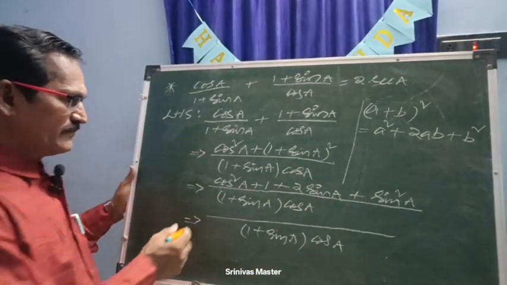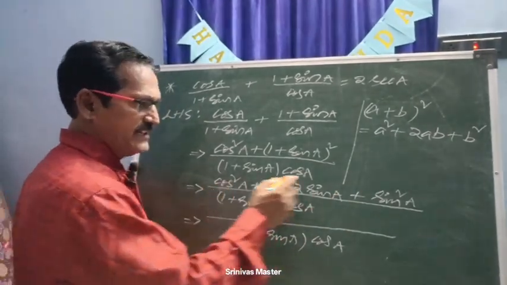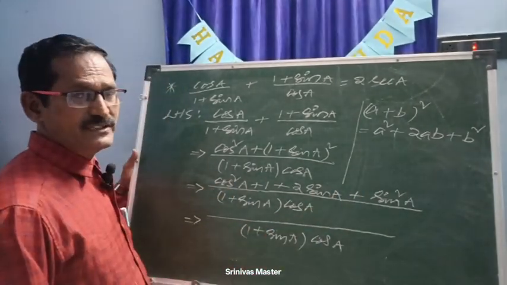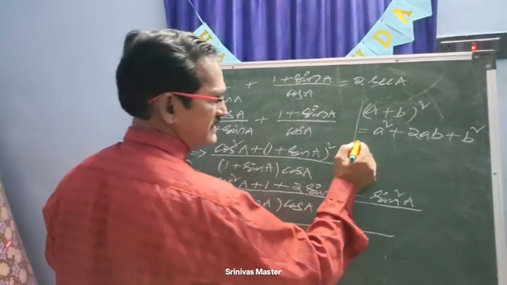Now, if you take the first term and last term, cos square A plus sin square A, it equals how much? Equal to 1, isn't it? That is the first identity, no?